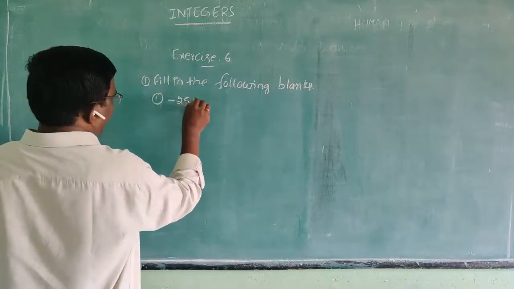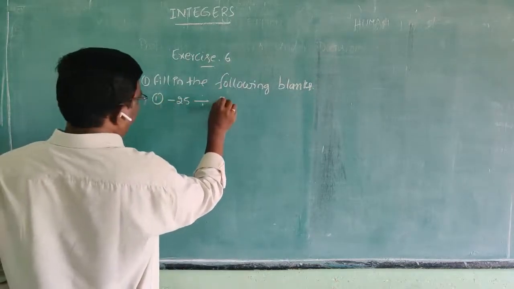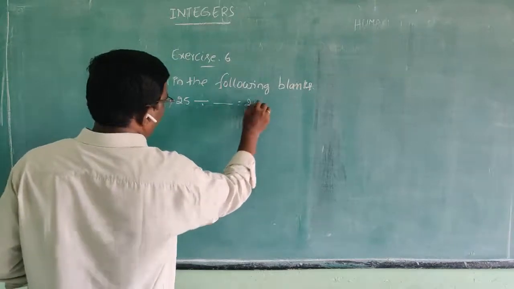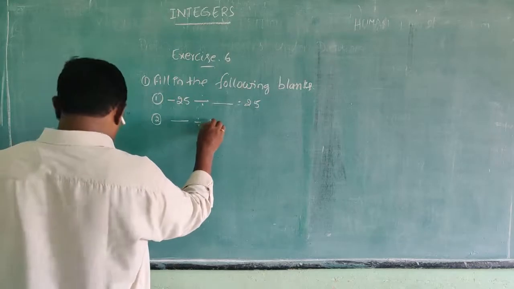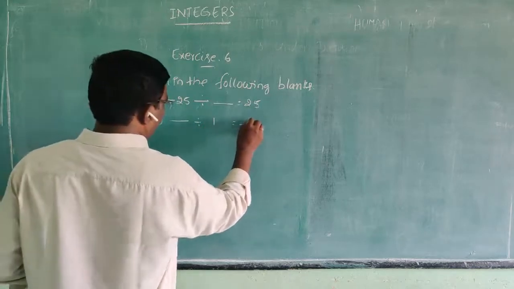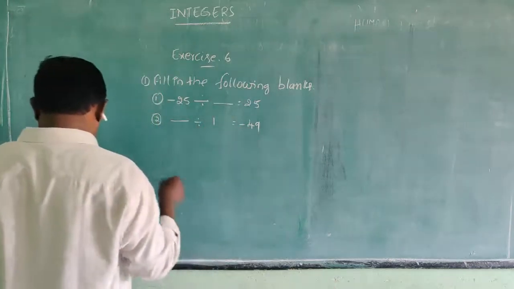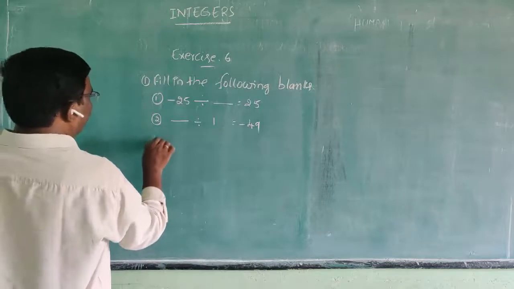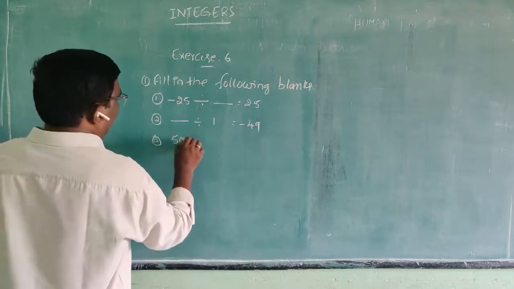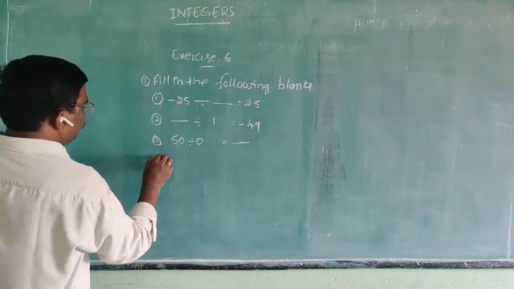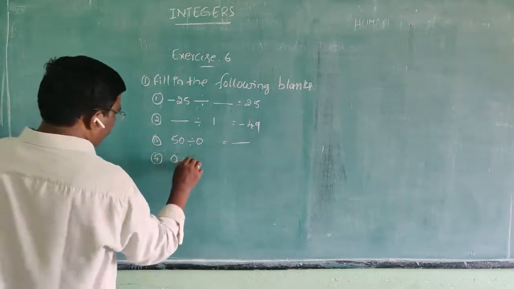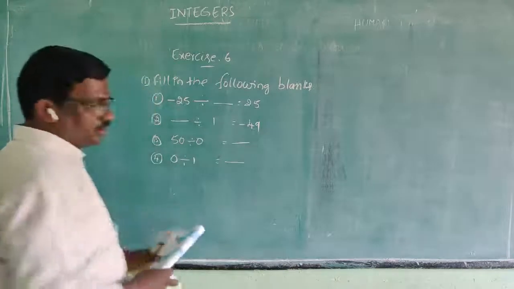Minus 25 divided by dash equals 25. Second, dash divided by 1 equals minus 49. Third, 50 divided by 0 equals dash. Fourth, 0 divided by 1 equals dash.